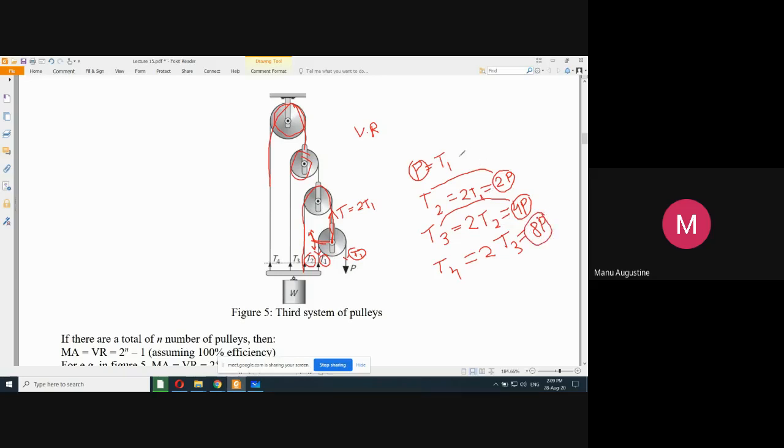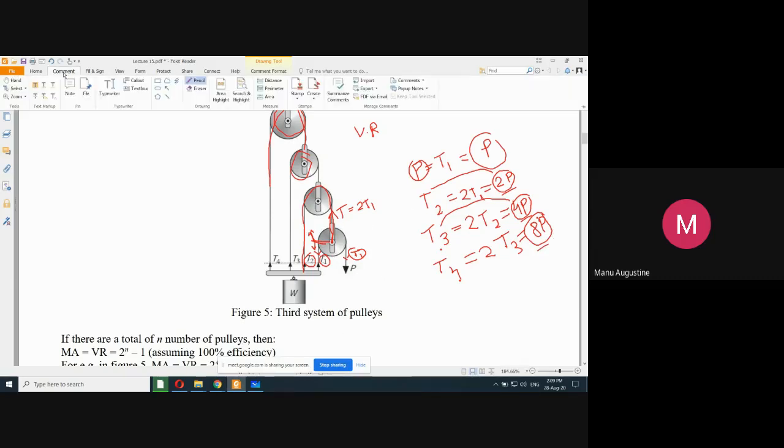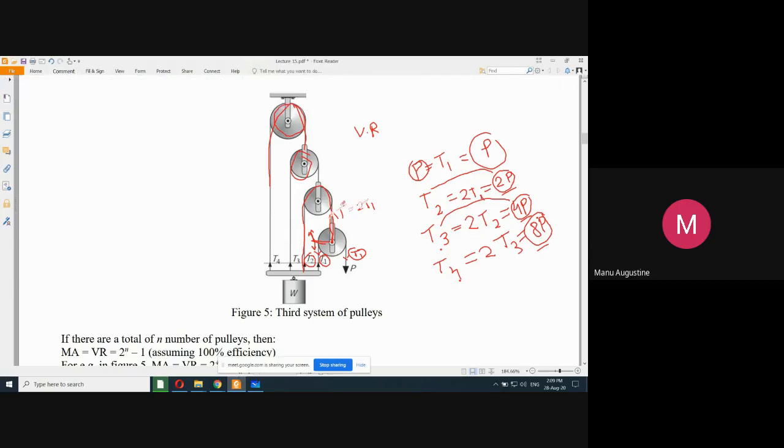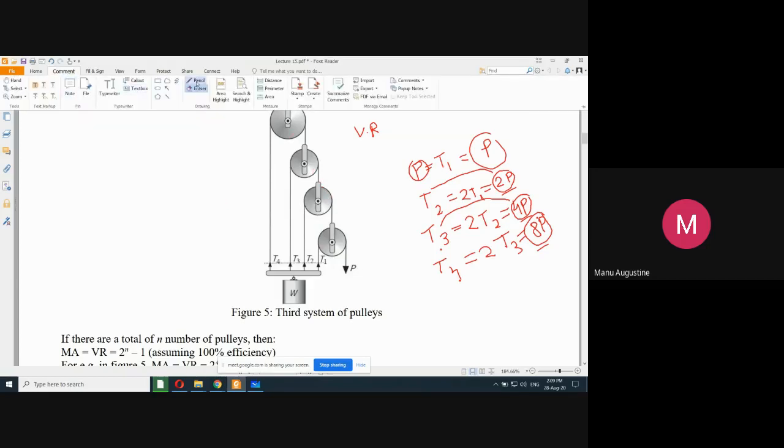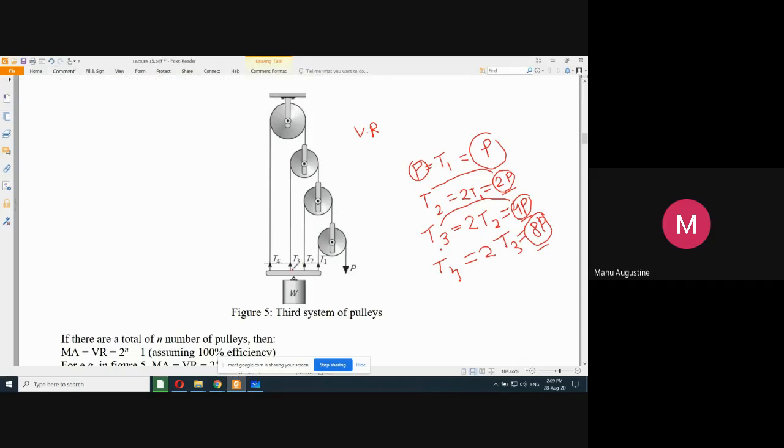So eventually I have something like this: T1 equal to single P, T2 equal to 2P, T3 equal to 4P, and T4 equal to 8P. And now look at this figure once again. अब इसमें से ये सारे फिगर्स में से ड्राइंग हटा देता हूं मैं, and let us look at the figure again. See, the load is acting downward on the platform.